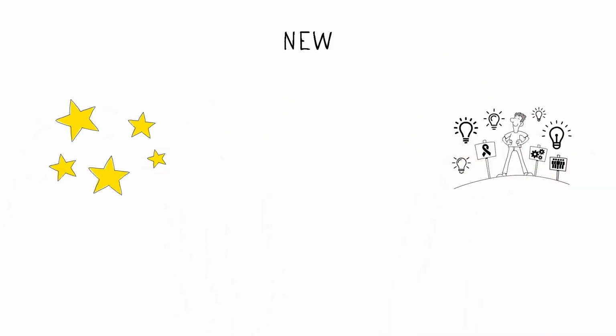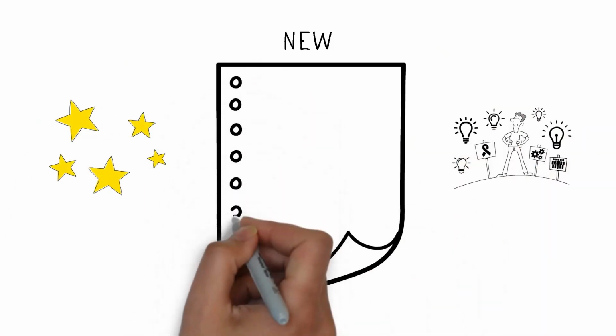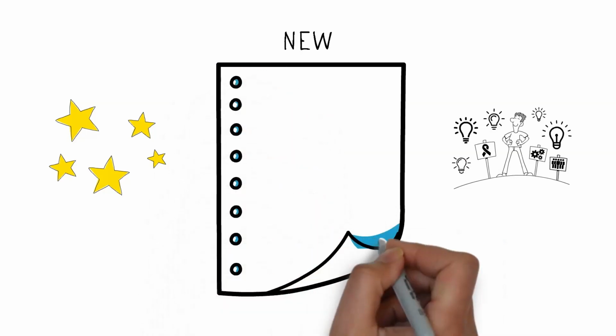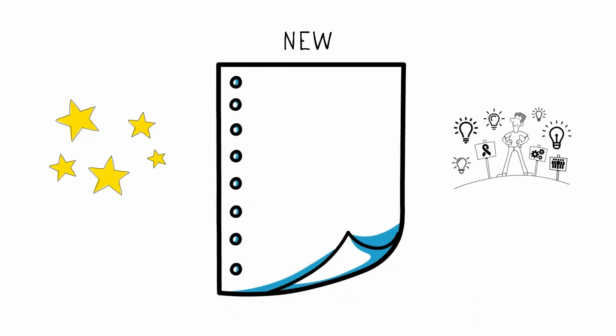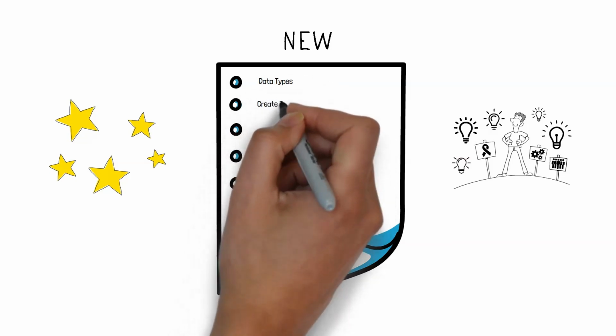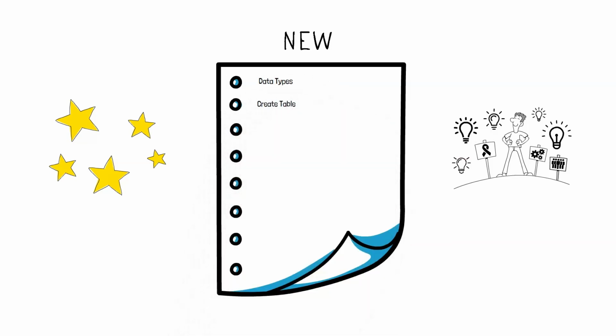Alright, so let me start with the new concept which we have planned today. This is a list of topics I will be covering in this session. This session will also be a very basic one. So the topics will be data types and create table. Create table we already did a little in the last session, but this will be a kind of refresher for you.